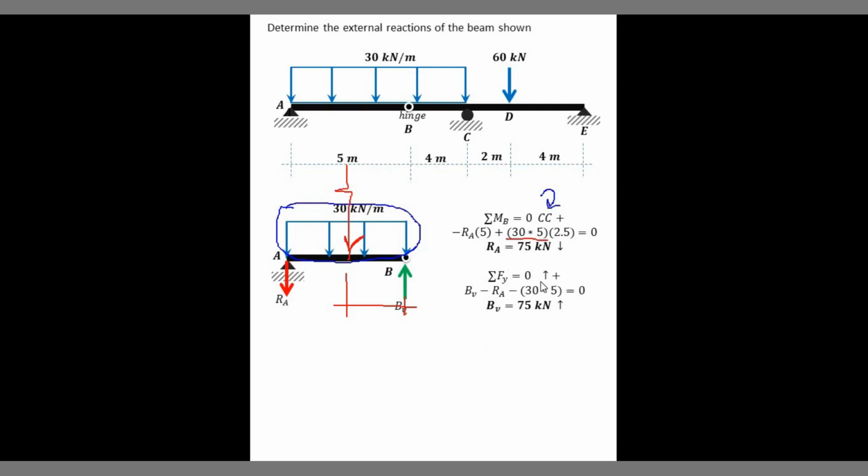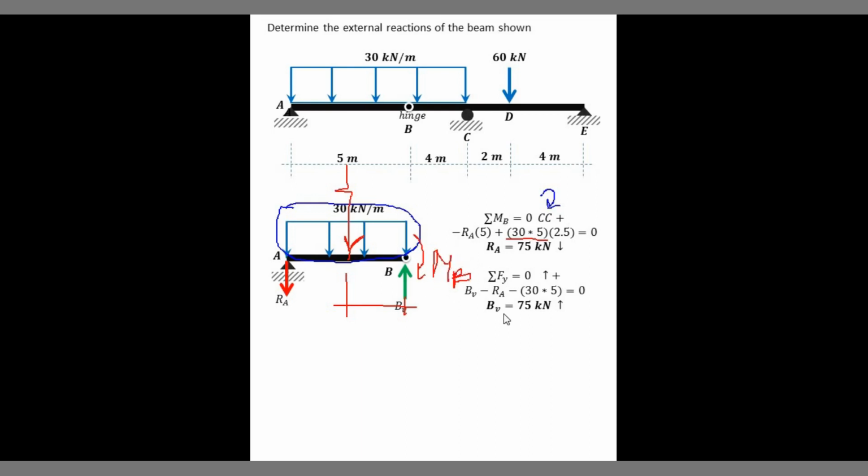Now, if you want to double check, you can also take the summation of forces along the x-axis, and you will see that BH is equal to 0. If you include a moment at B, as I said earlier, I removed it because it will zero out anyway.